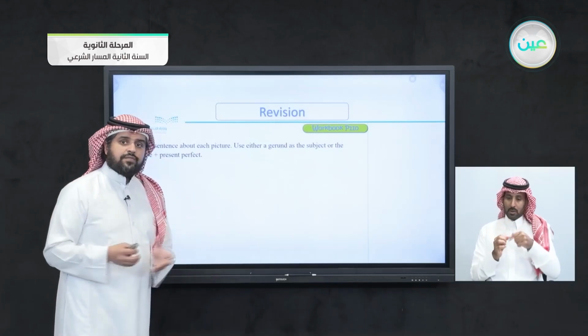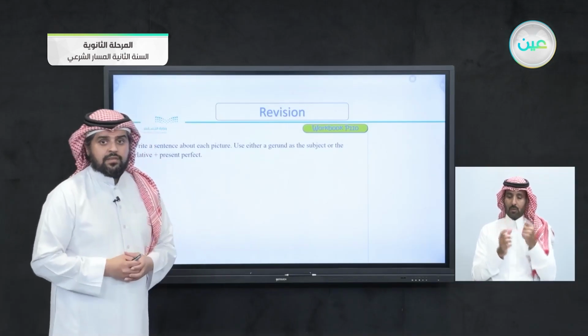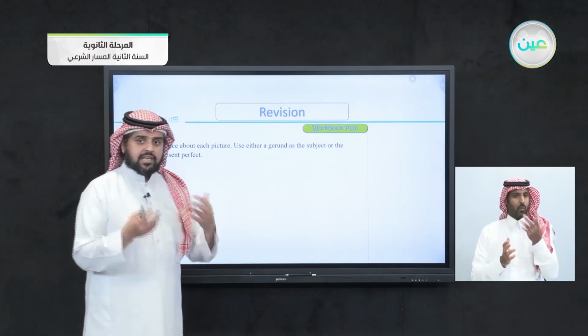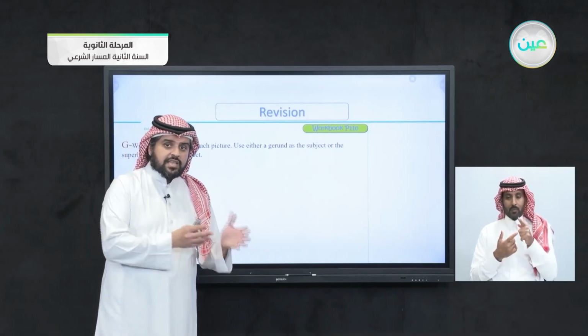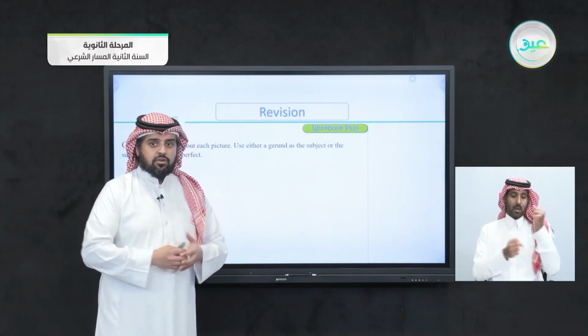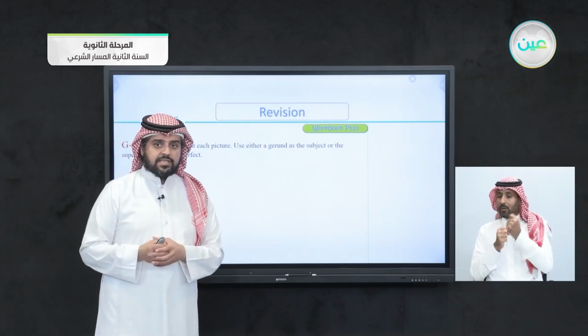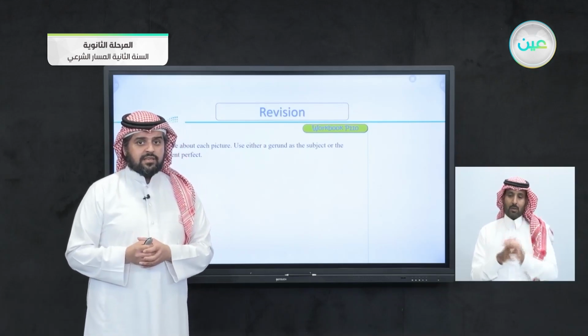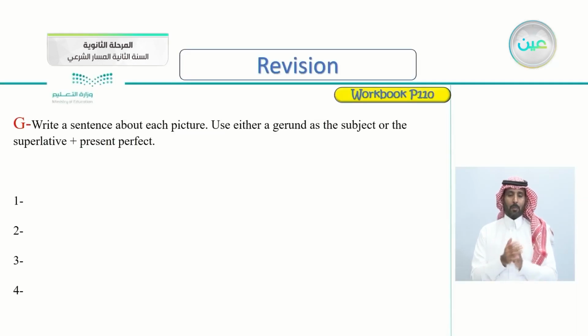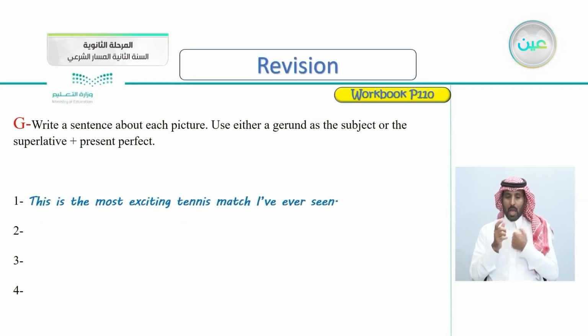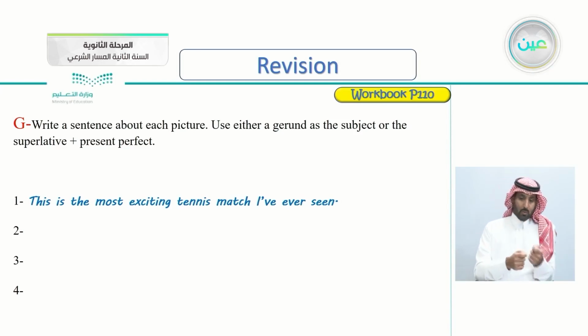So look at the first picture, picture number 1. Can you try and come up with a sentence using either gerunds as subjects or the superlative form of the verb and the present perfect? So for the first picture, I've written, this is the most exciting tennis match I've ever seen.